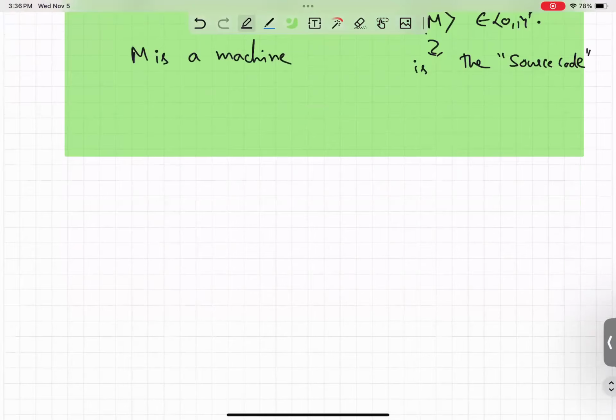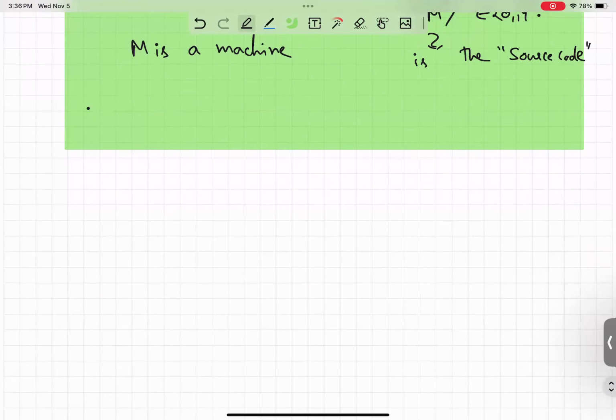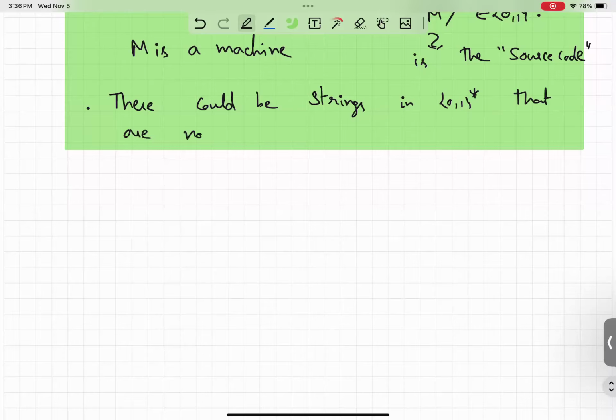All right. And lastly, there could be strings in {0,1}* that are not valid encodings.